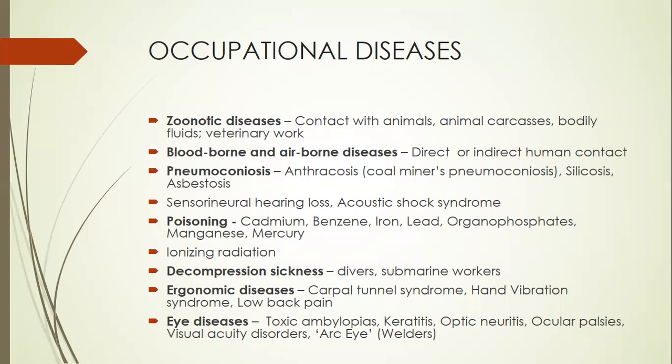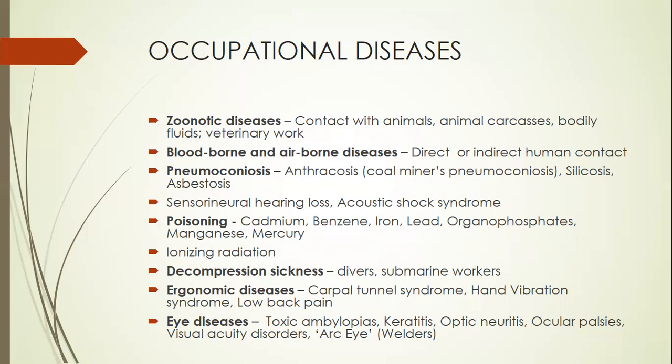Ionizing radiation tends to be seen in the healthcare sector, mostly in our radiology departments, and there are some systems in place to help protect workers in the radiology department against this.